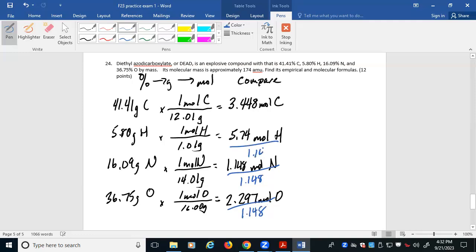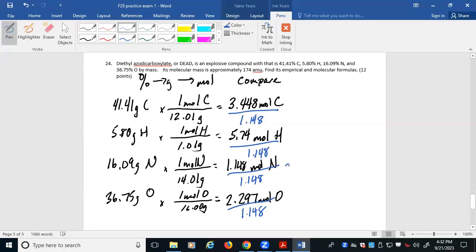If we don't standardize first, then we don't have 1 mole of something to compare everything else to. And that's where our numbers can get really wonky and we can get a little bit too fun with all of the rounding.